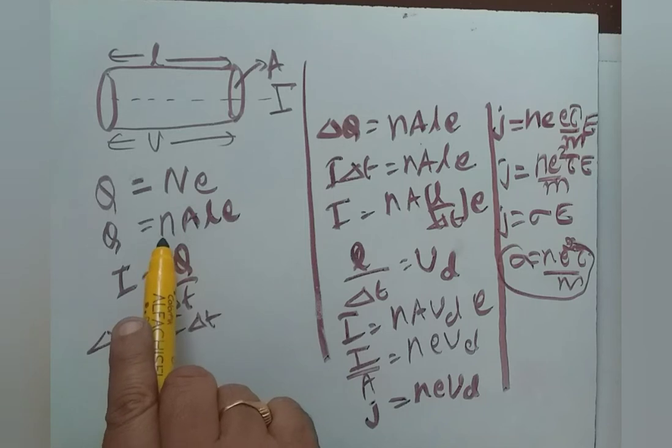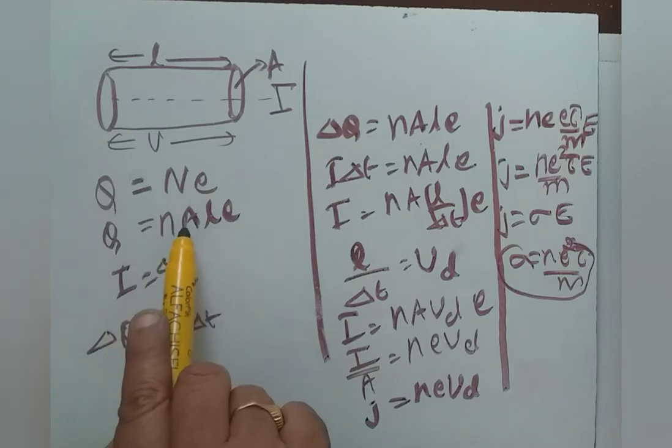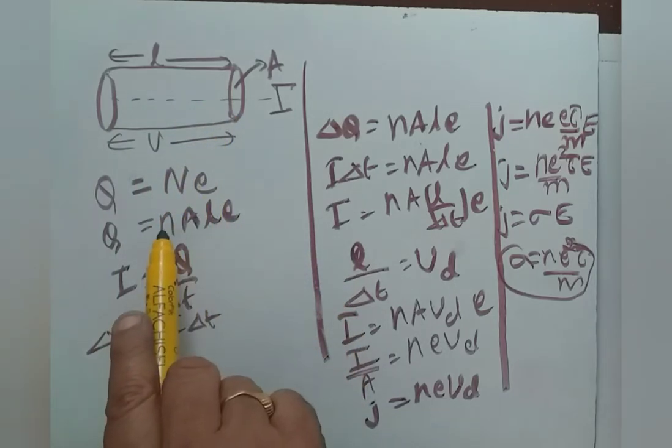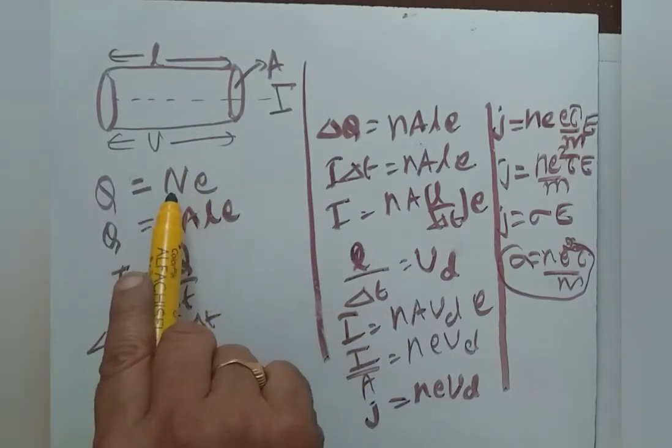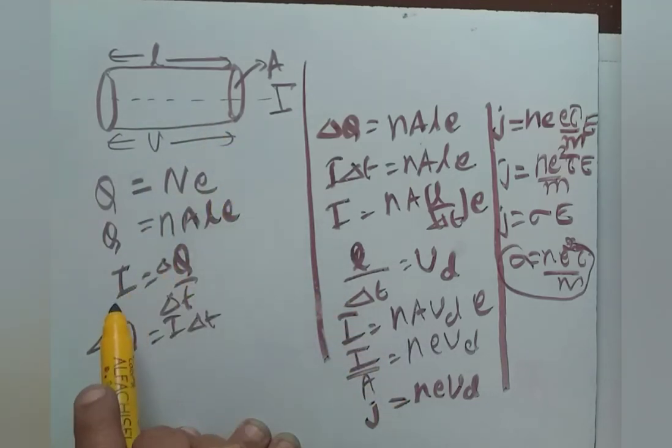For that we have small n, the charge carrier density, that is free electrons per unit volume, into A into L. A into L gives the volume. So n into A into L gives us capital N, the number of free electrons in this, into e, the charge on an electron. But we know I equals delta Q by delta T.